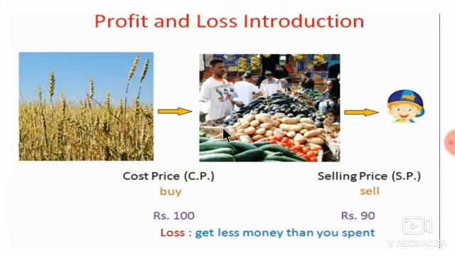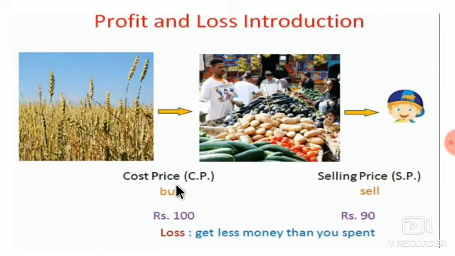Now if someone buys for 100 rupees and sells it for 90 rupees, then he spent 100 rupees, but in return he gets only 90 rupees, so he gets less money than he spent. In that case he incurred a loss.